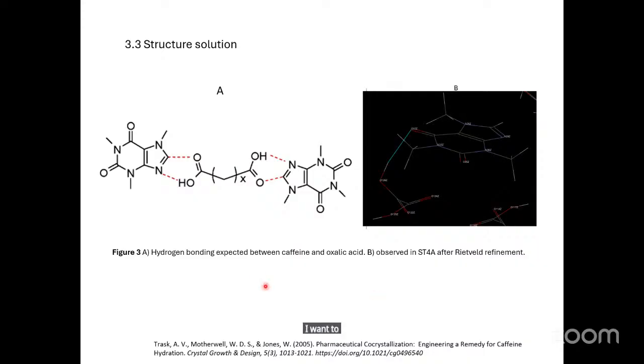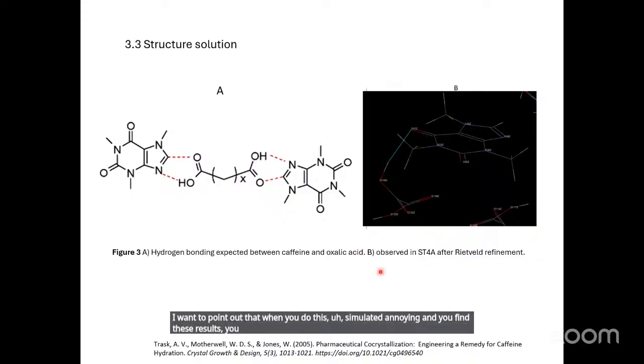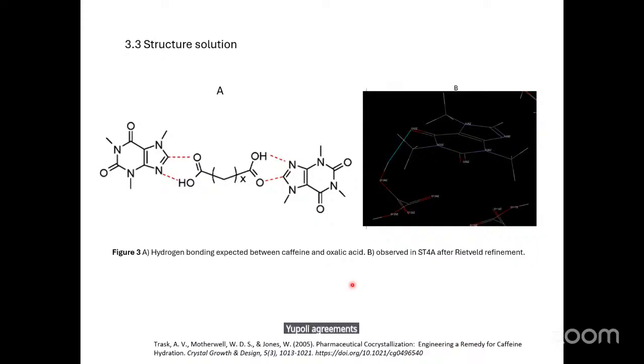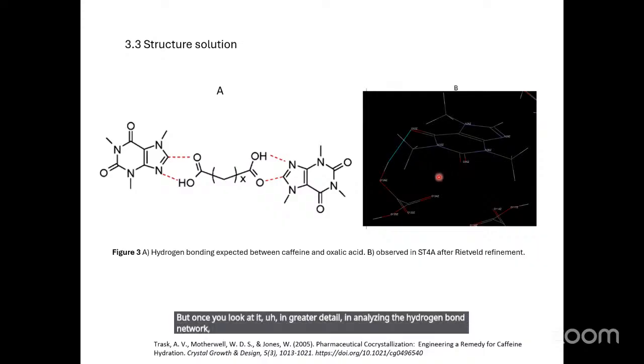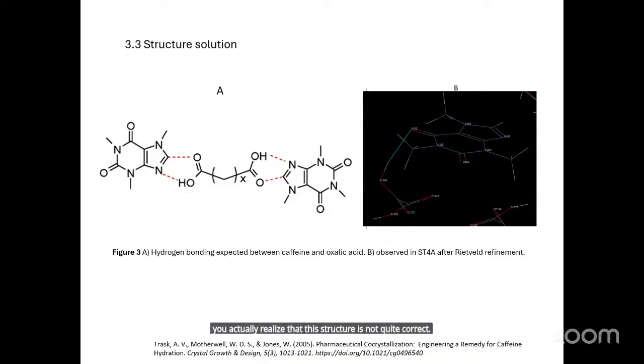I want to point out that when you do this simulated annealing and find these results, you might check your Pawley agreements, looking at your profile chi-squared and your Pawley chi-squared, and realize that they do agree. So this is not a highly implausible structure, but once you look at it in greater detail and analyze the hydrogen bond network, you realize that this structure is not quite correct.